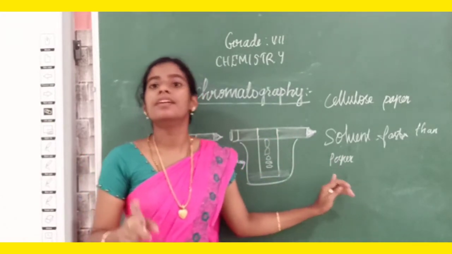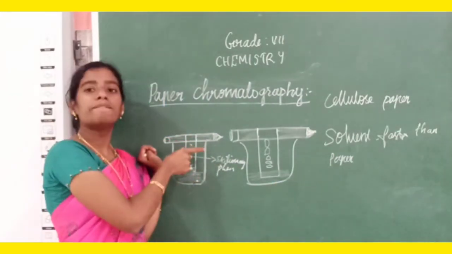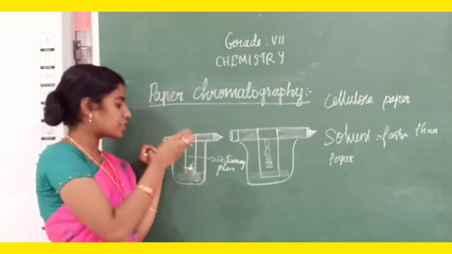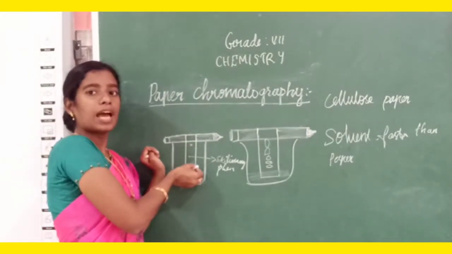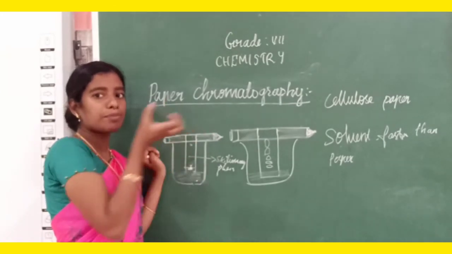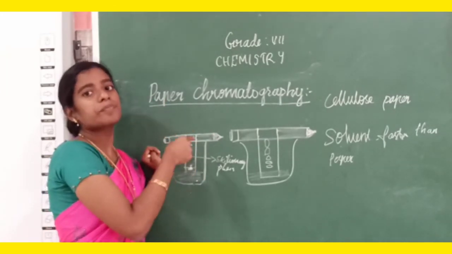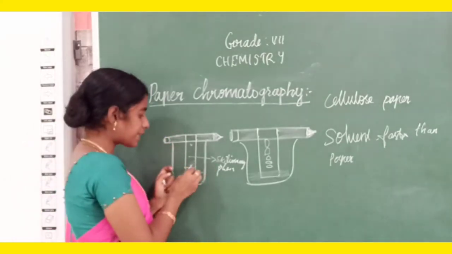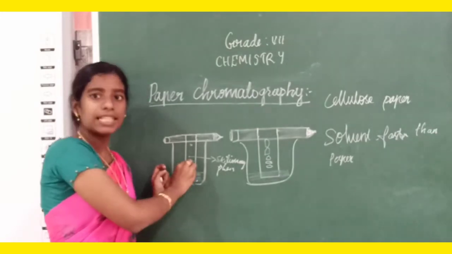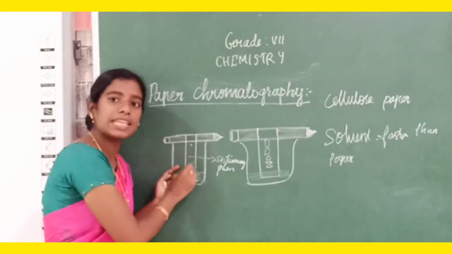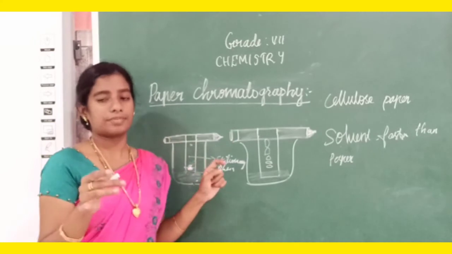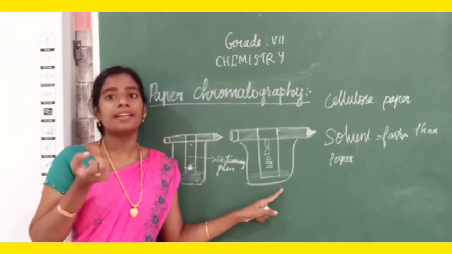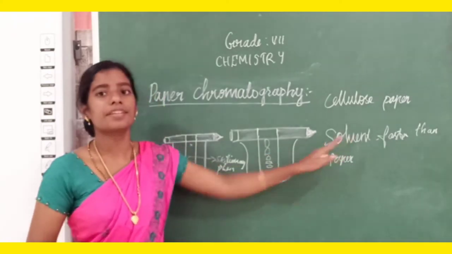I repeat, when this paper with an ink drop is dipped inside the solvent, the solvent starts moving up the paper because the paper absorbs it, that is due to capillary action. And when the solvent reaches this point of ink, the substances of the ink start moving.